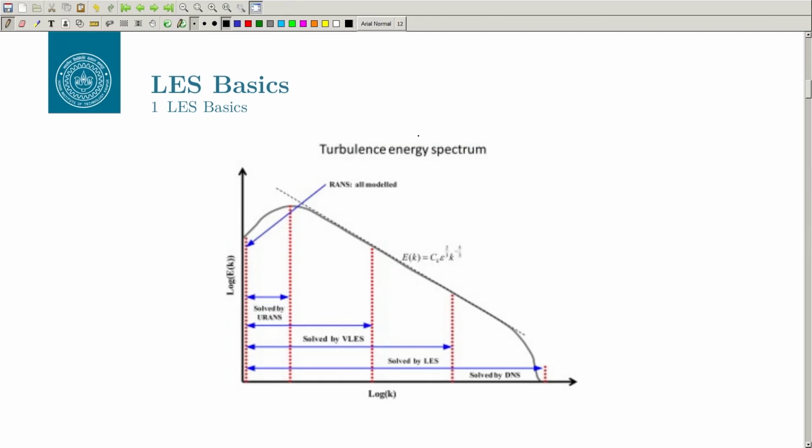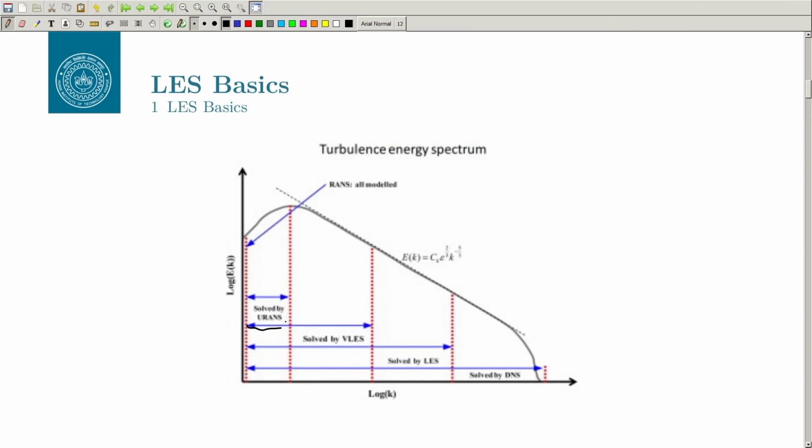Like we have been saying, if you are modeling the entire spectrum, then it is the RANS model. Of course, when you do a little bit of unsteady RANS, you might be able to resolve some of the scales on the mean flow itself, because URANS also solves the mean flow only.